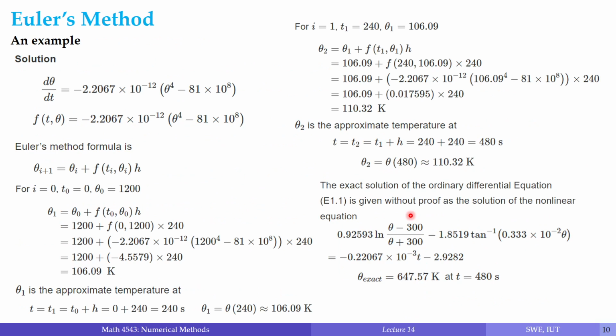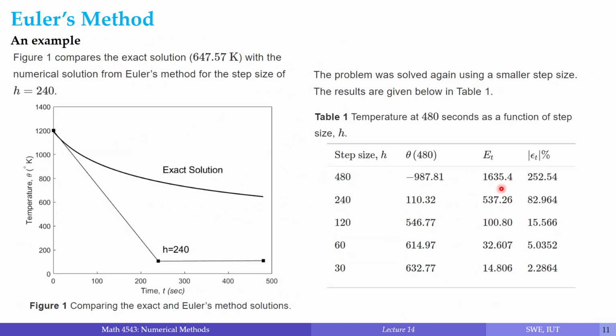Fine. So if you look at these values over here for very high step sizes, we are not getting a decrease by half, right? We are getting much more than that. 1635 is reducing down to 537, right? A very drastic decrease. But if you look at the smaller step sizes, for example from 60 to 30, we are noticing a decrease by half, right?